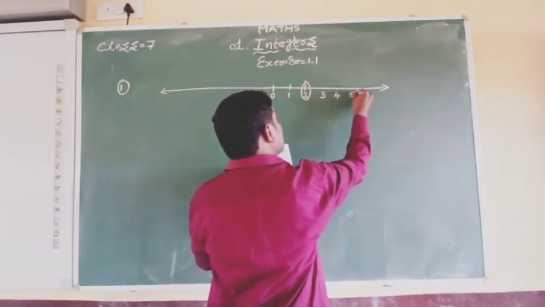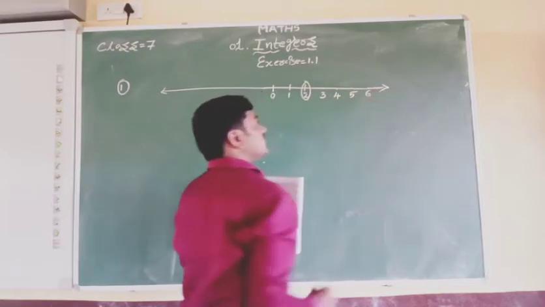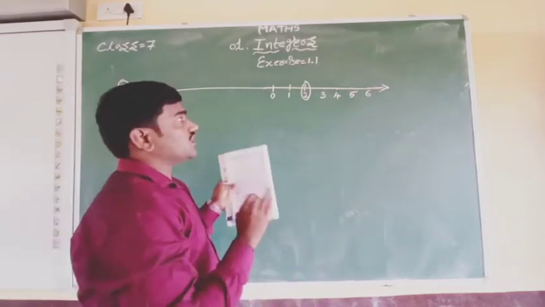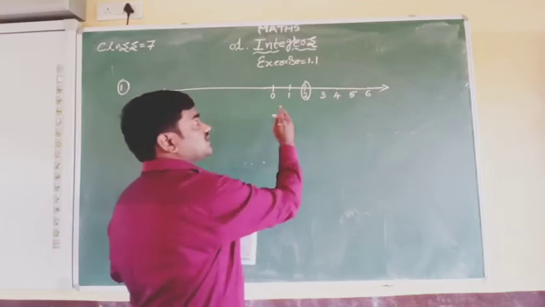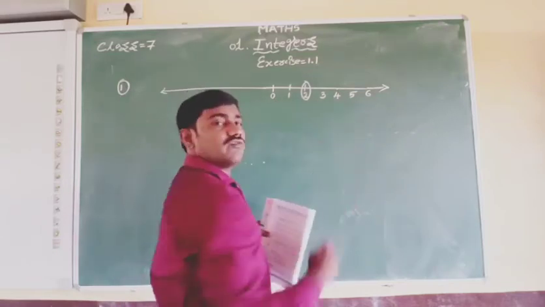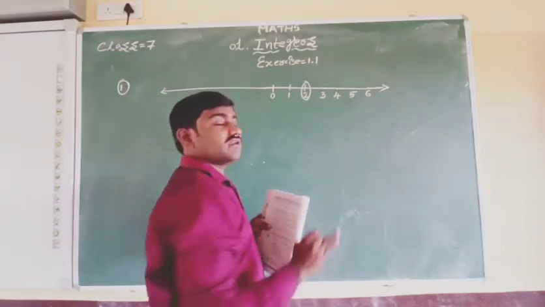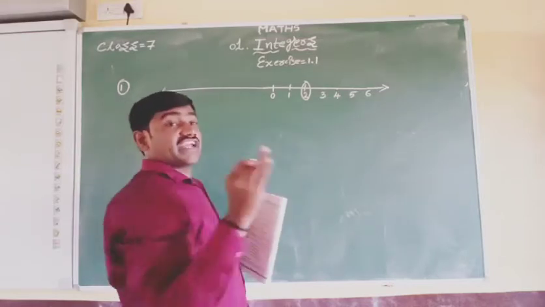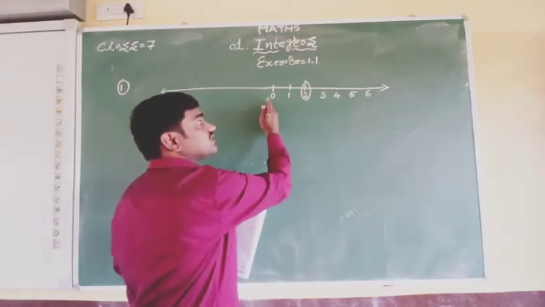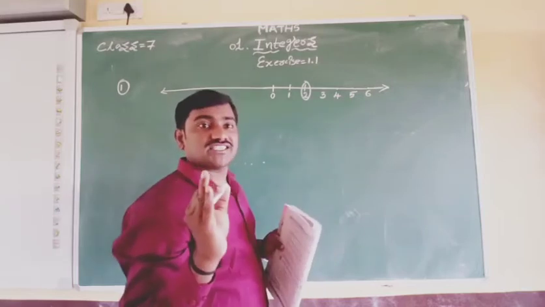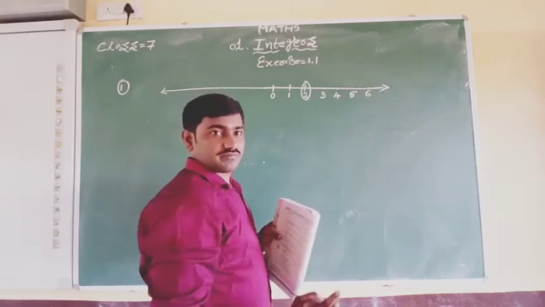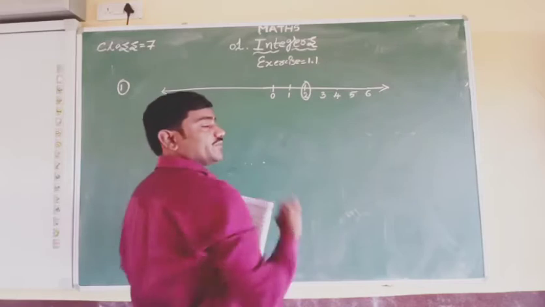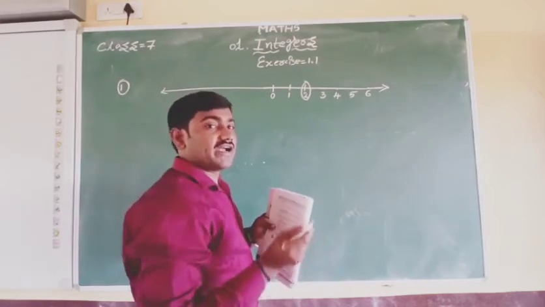5 and 6. Always on the integer number line, the right side of the 0 will get positive integers, and the left side of the 0 will get negative integers. That means the right side of the 0 will have only plus, positive numbers, and on the left side of the 0 we get negative integers, that means minus numbers.